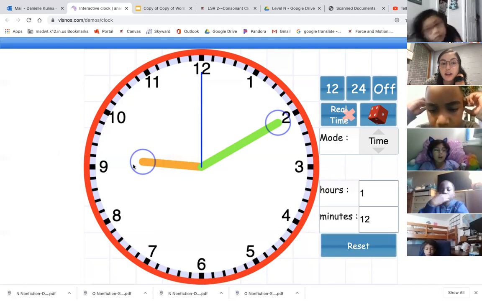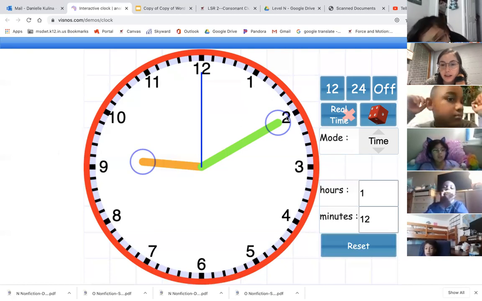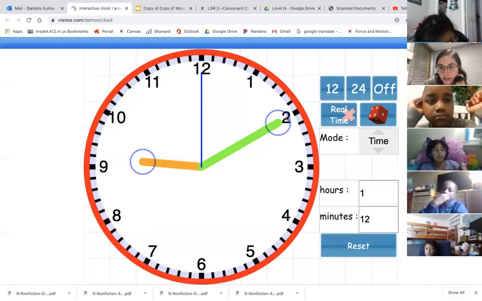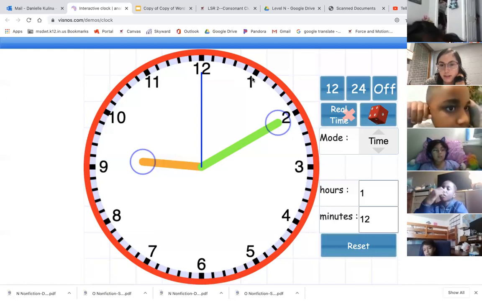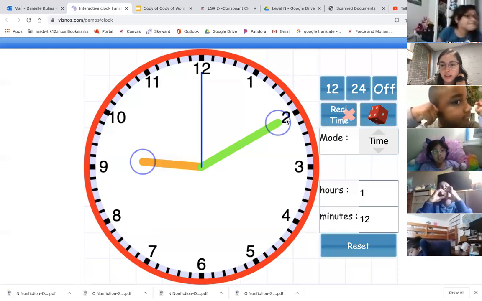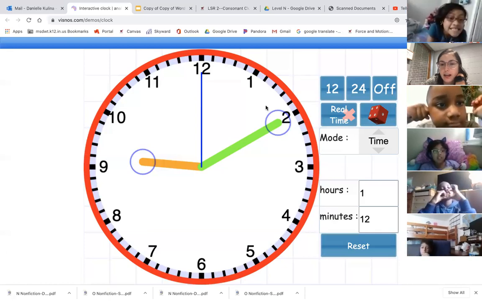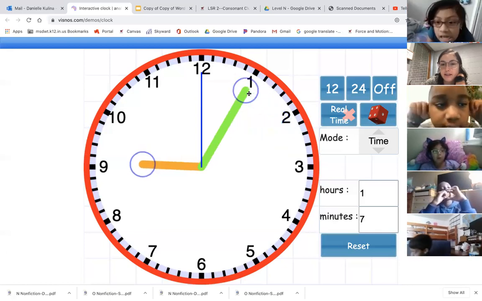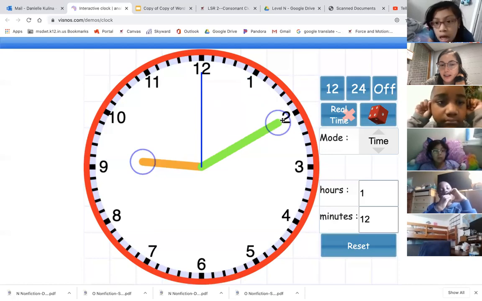Nine. So 5. Five. Not, this is 5. So if this is 5, I count 5 up more. What is that? Heidi, if I count by 5s, 5, 10. So I know that it is 9.